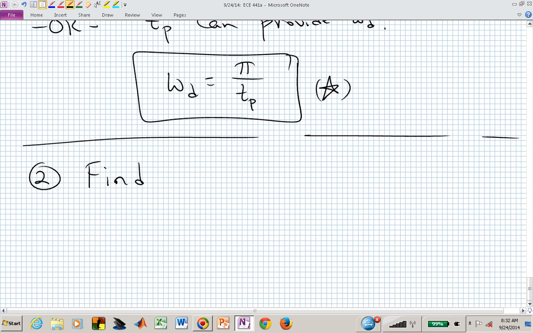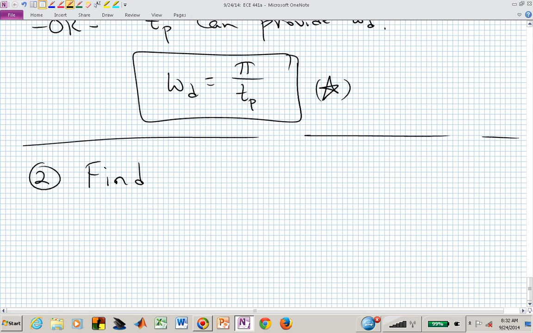We use that peak time to inform where our pole is located in the complex S-plane in terms of its vertical location. We now know omega sub D. Is that clear? We now need to know how far into the left half plane we are. We know the height above the real line, and now we need to locate it more accurately.